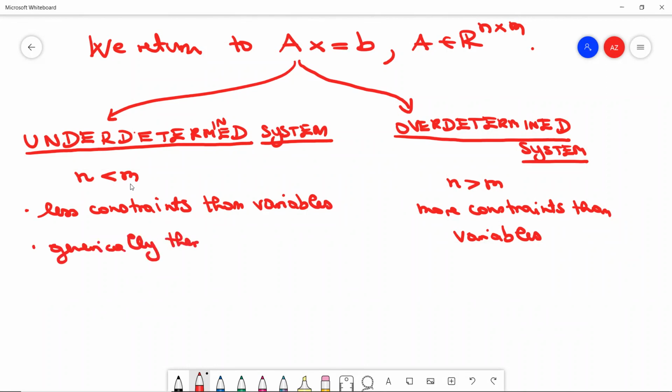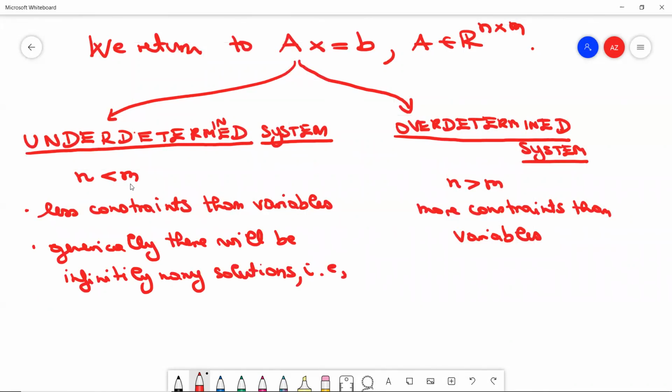There will be infinitely many solutions, that is an m minus n dimensional space of solutions.